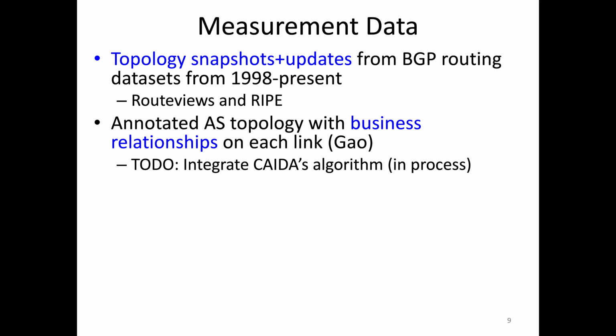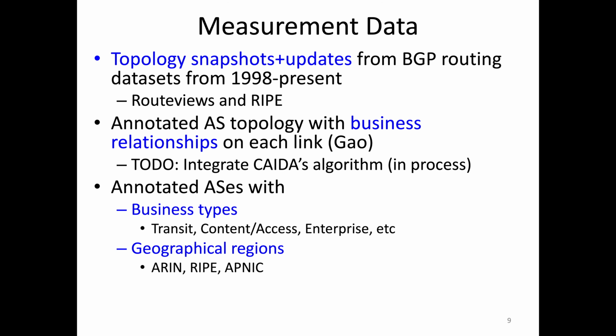They also annotated the AS topology with business relationships, designating the two ASs on each peering link as peers or customer, provider, and so on. The details of that annotation are covered in other papers. Autonomous systems are also annotated by their business type, in this case narrowing it down to transit, content versus access, enterprise customer, as well as their geographical region.